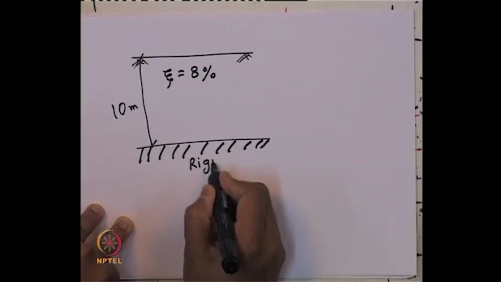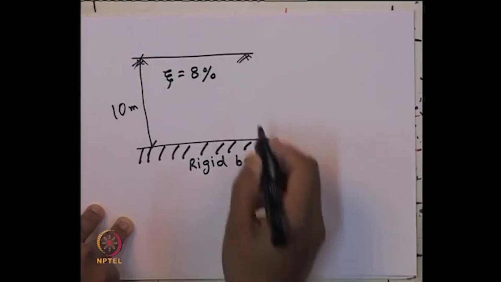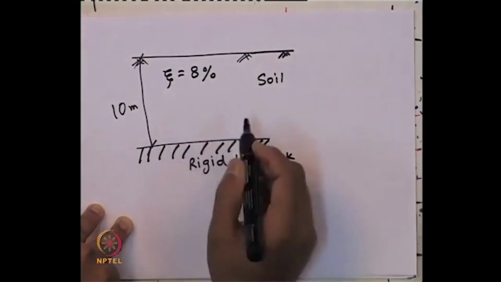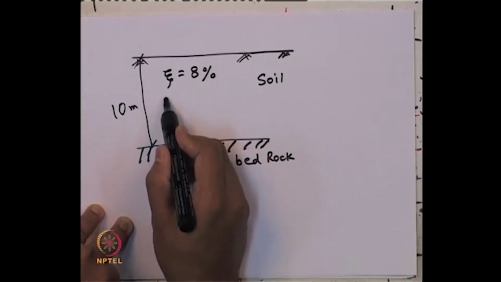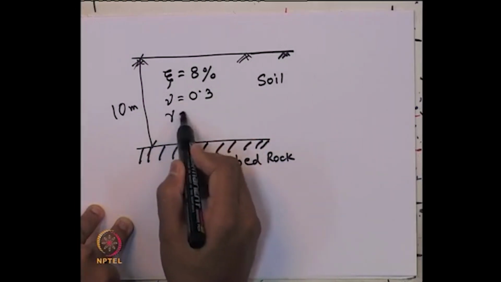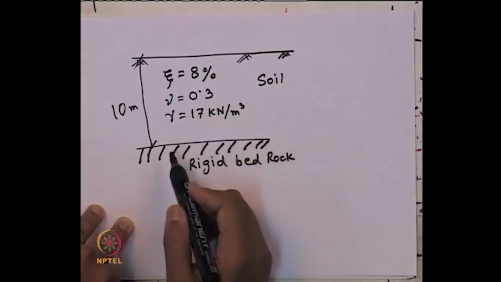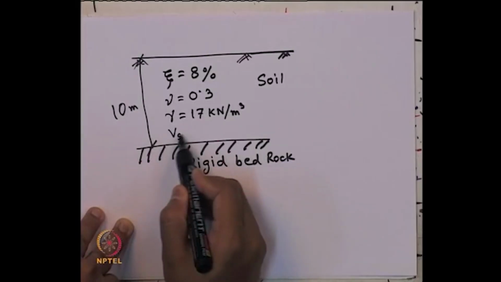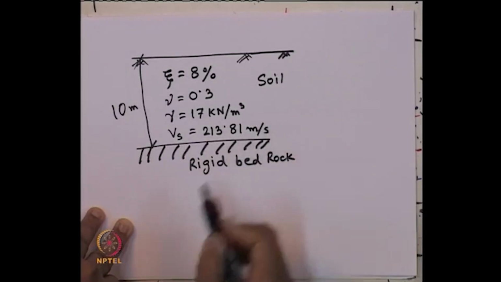Okay. So, rigid bedrock, and this is a soil layer which has the other parameters already we have obtained, or it is given, like Poisson's ratio is 0.3, gamma value is 17 kilonewton per meter cube, and Vs value we have calculated, that is 213.81 meter per second.